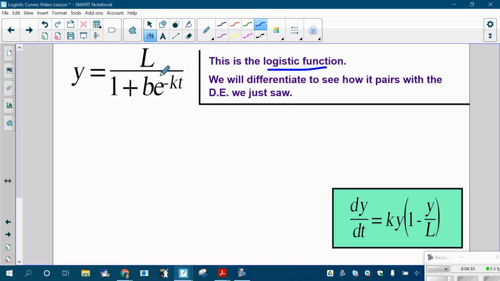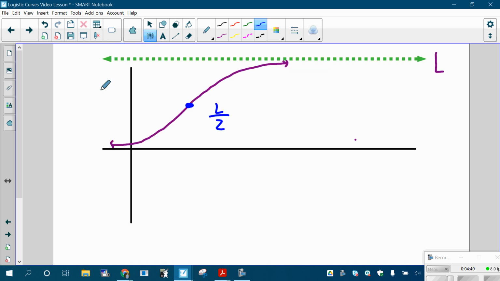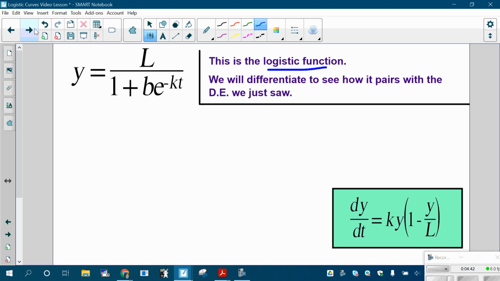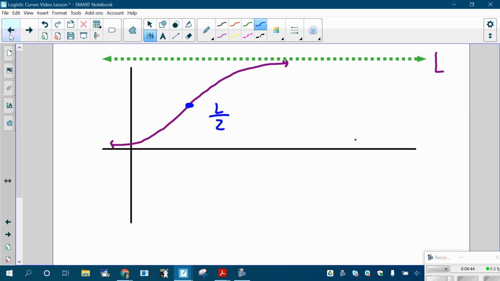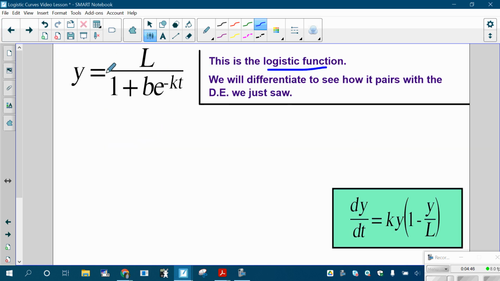This function is going to give you a curve that looks like this. Okay? So if you graph this, it looks like this. Now, by the way, this k is the same as this k, this L is the same as this L, and this b is a new constant.